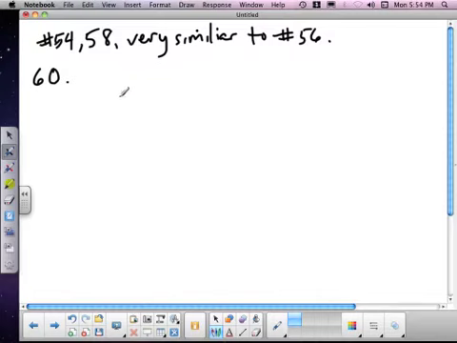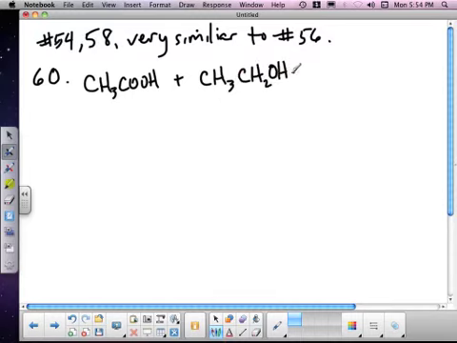Now we have encountered this reaction before when we talked about polymer solids. When you take two things and stick them together by taking water out, this is called a condensation reaction. That's essentially what we're doing.